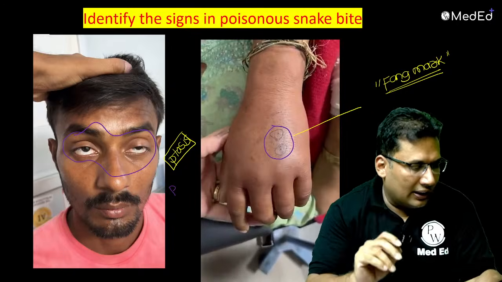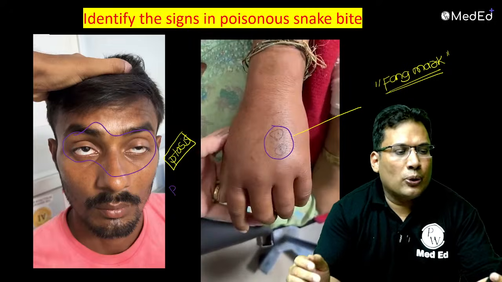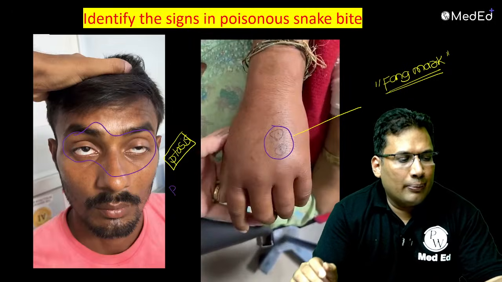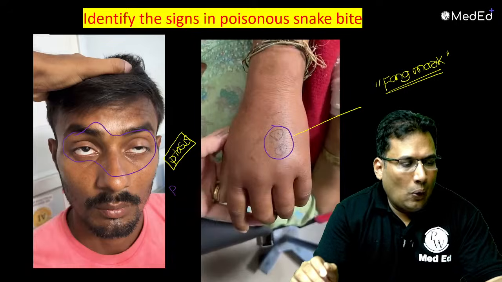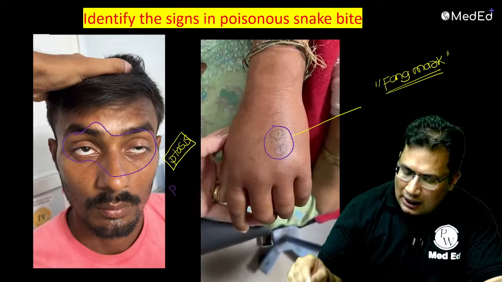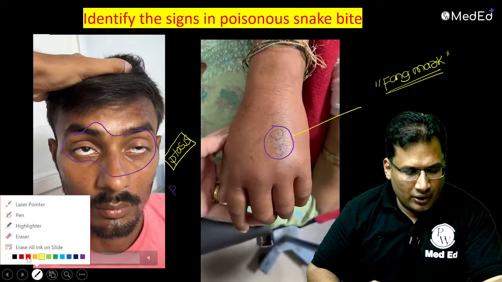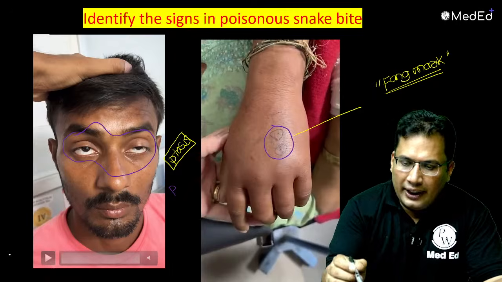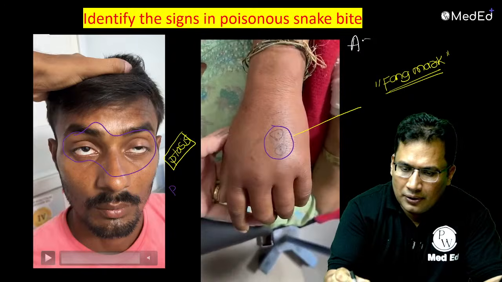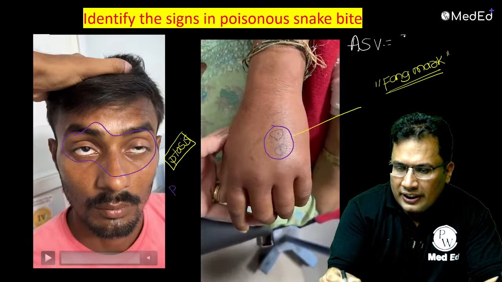Okay, Narayan is asking, if a small child is bitten by venomous snake. Okay, so this is the good question asked by Narayan. So Narayan, ASV same dose in children.